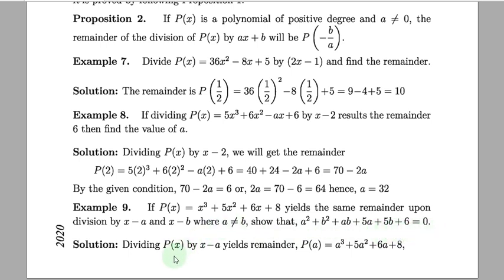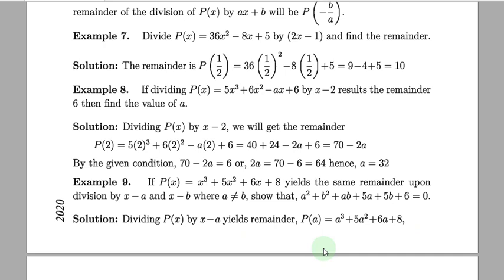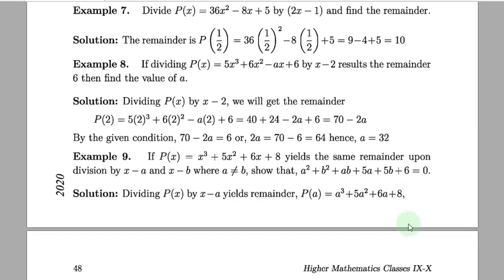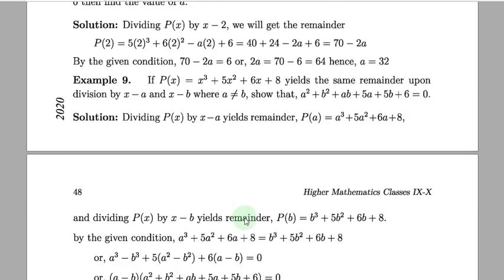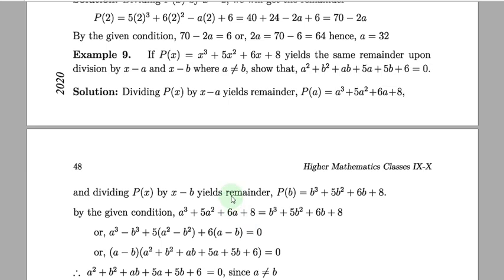Solution: dividing p(x) by x minus a yields this remainder. How have you found it? We have used the remainder theorem. We put the value of a in the polynomial p(x) in place of x, so it will be a cubed plus 5a squared plus 6a plus 8. And similarly we find the polynomial value for b.